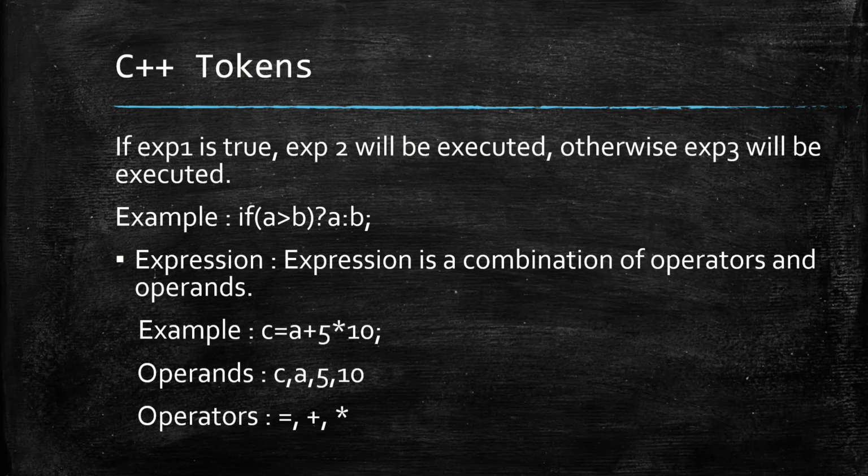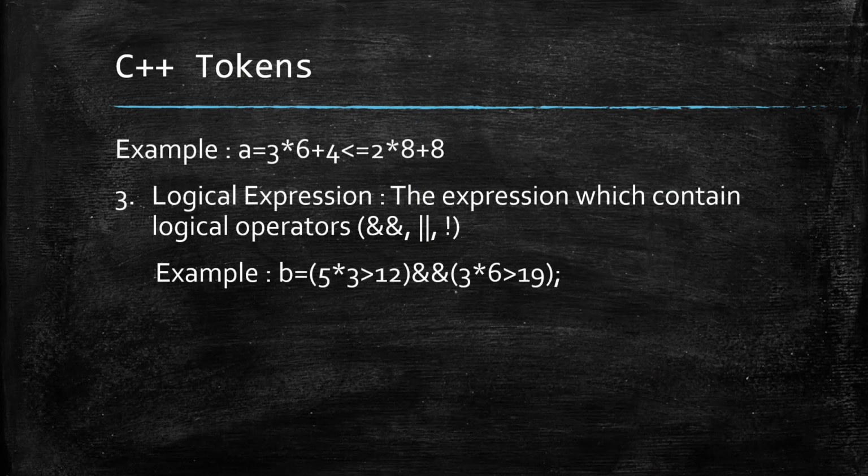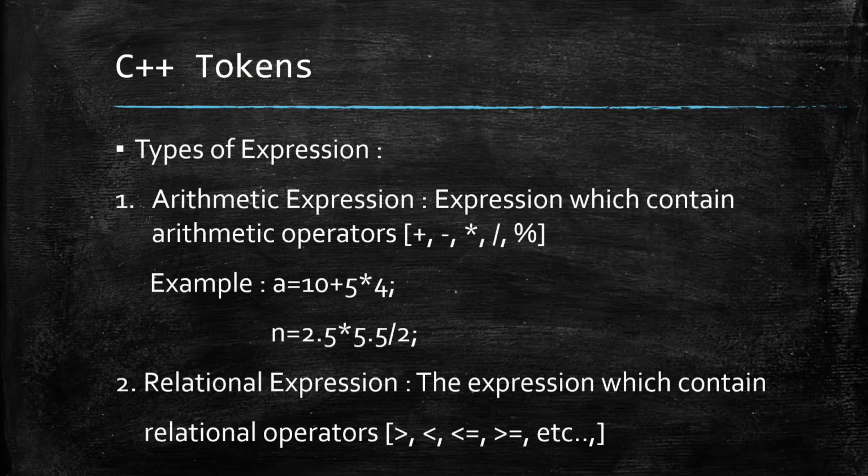Hope it's clear. Now let's see what are the types of expression. Now we know what's an expression. It is a combination of operators and operands. Now let us see the types in them. So we are having 3 types: arithmetic expression, relational expression and logical expression. Fine. So what is my arithmetic expression?